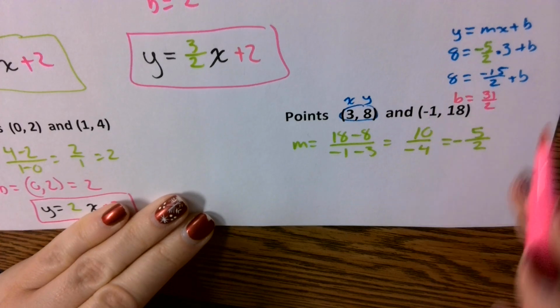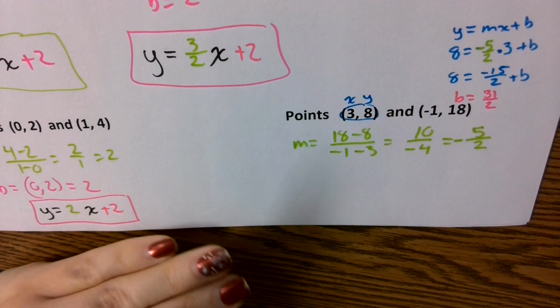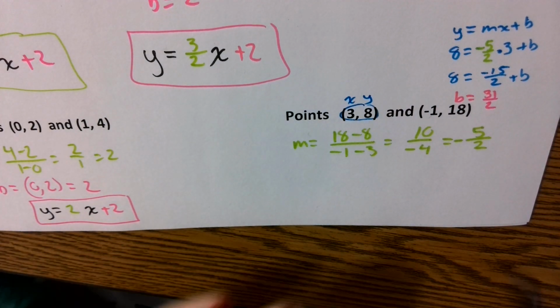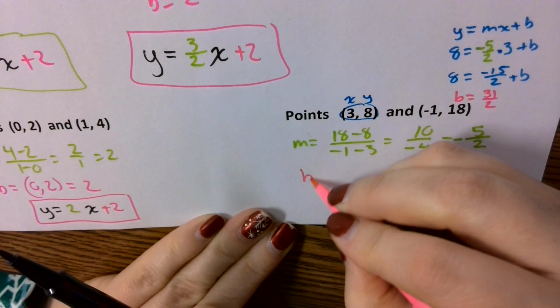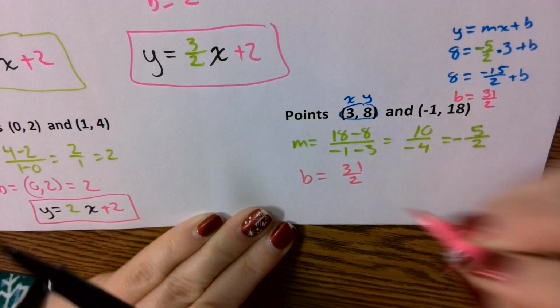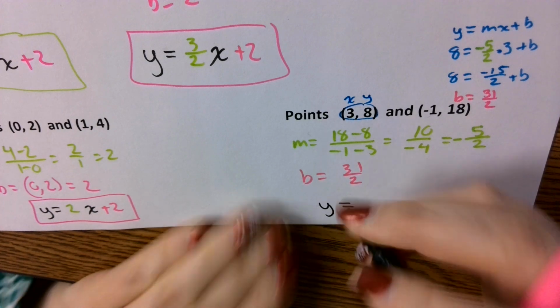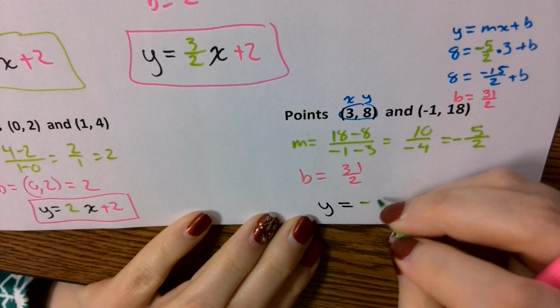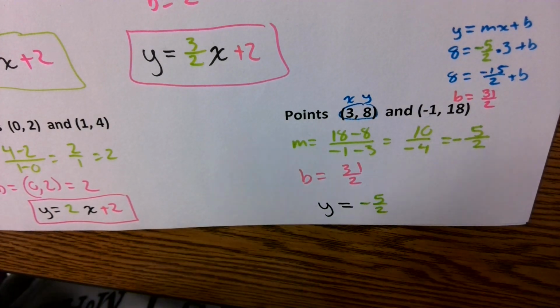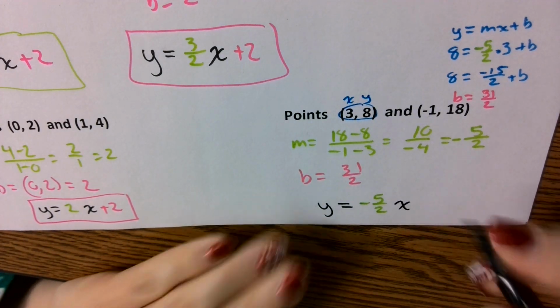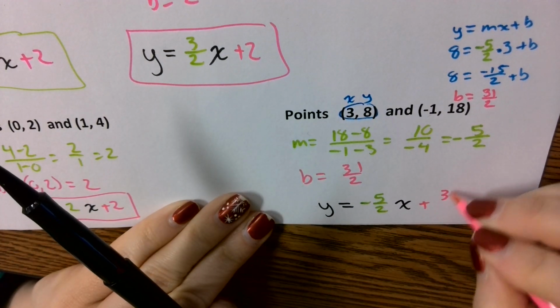So then in my formula, I have b equaling 31 over 2. y is going to be equal to -5/2 x plus 31 over 2.